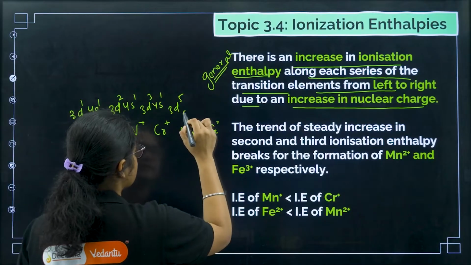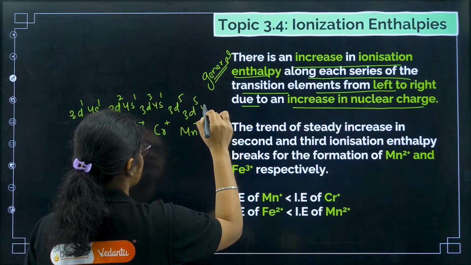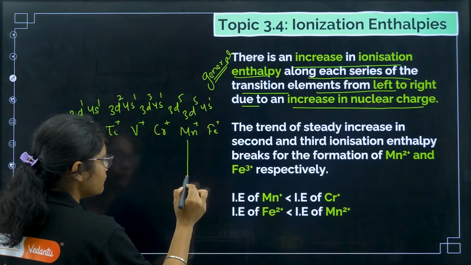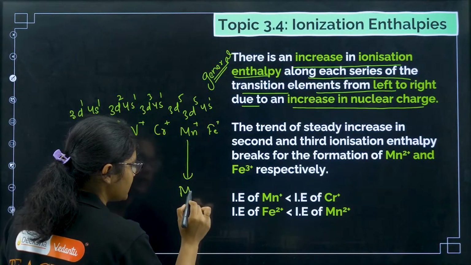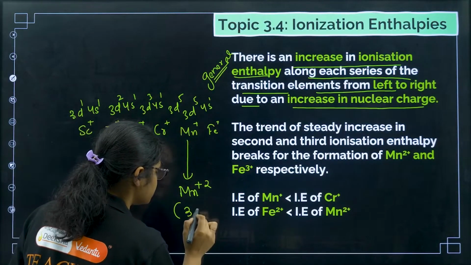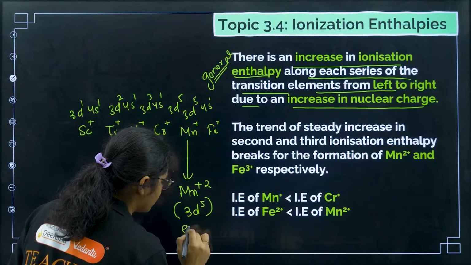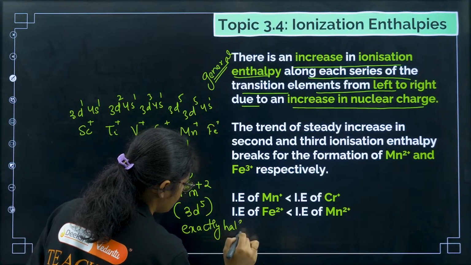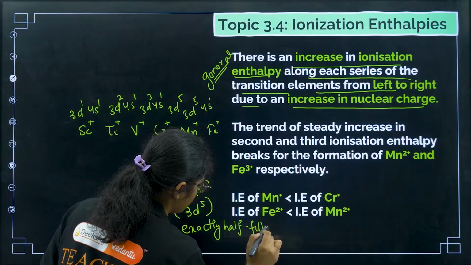And for manganese, here it is 3d5 4s1. Now if I want to remove one electron from manganese, what will I get? Mn2+, and this Mn2+ configuration is 3d5, which is exactly half filled and very stable.